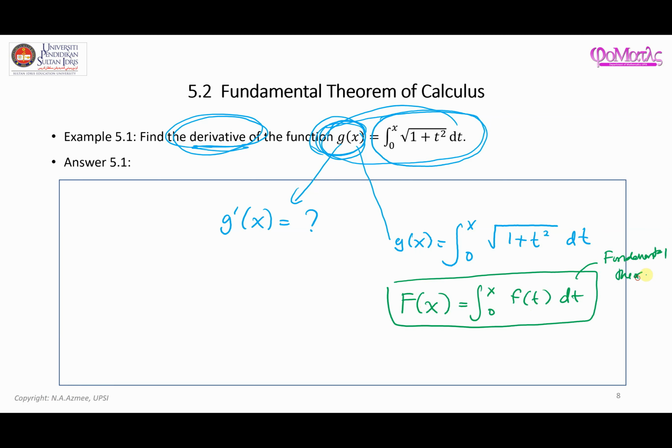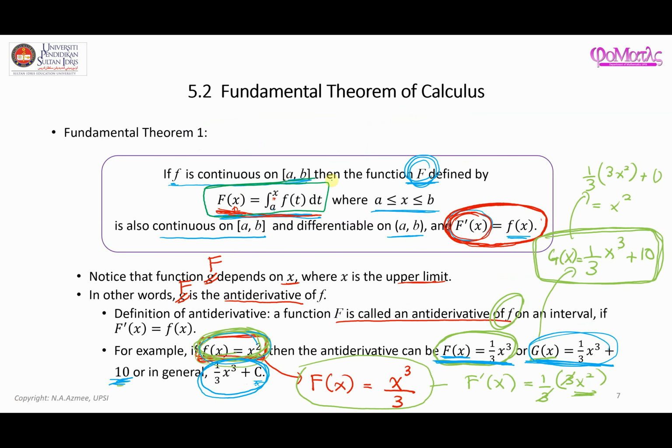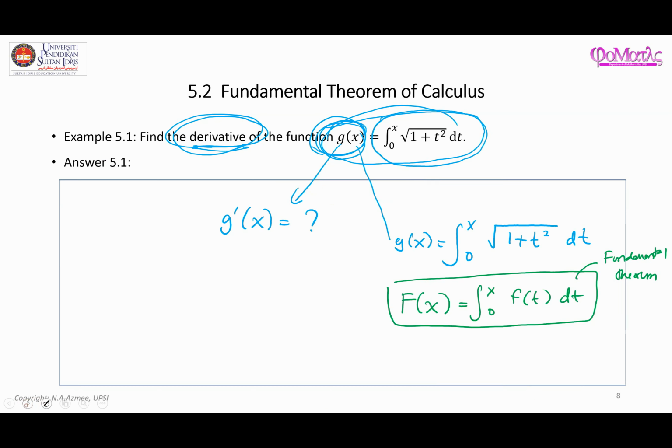So 0 here is your a, x is the same thing, f(t) is this one. So based on the idea of the fundamental theorem, f prime x is equal to f(x). So this is the idea of the fundamental theorem.